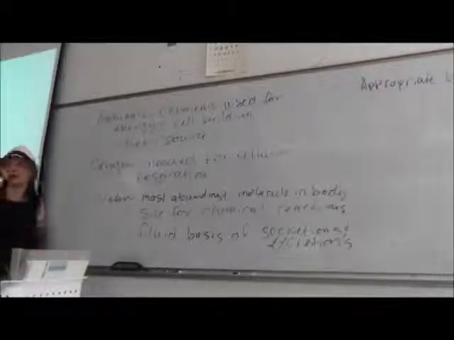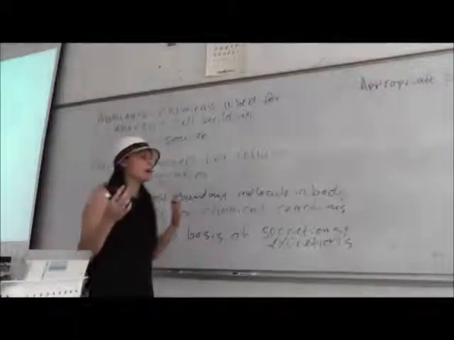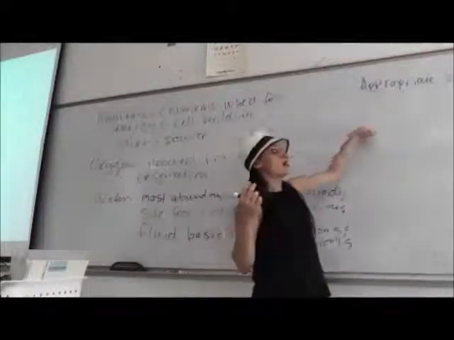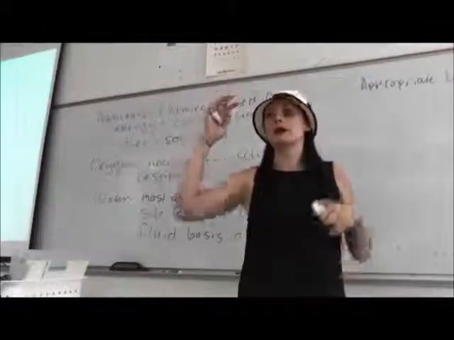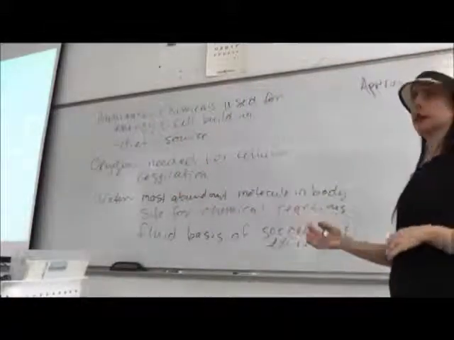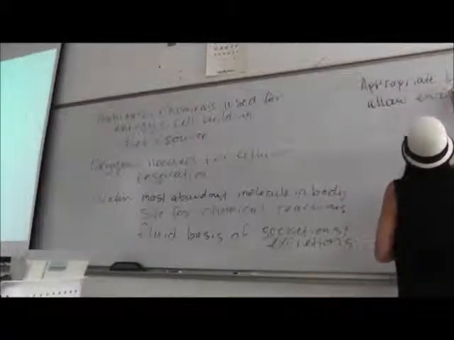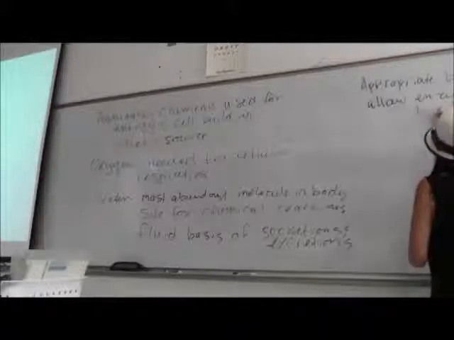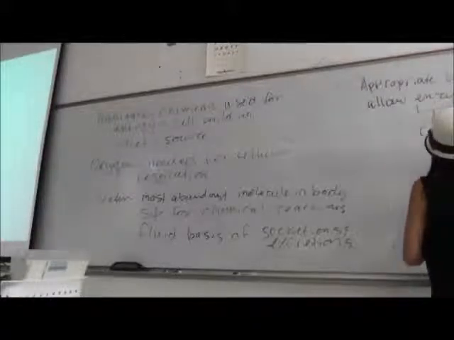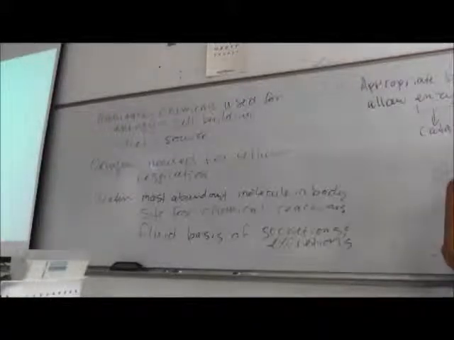So we have enzymes in our bodies that catalyze those reactions and speed them up, allowing them to happen fast enough. If you're too high or too low in body temperature, your enzymes don't function properly. So appropriate body temperature allows our enzymes to function, and enzymes catalyze, or speed up, the chemical reactions in the body.